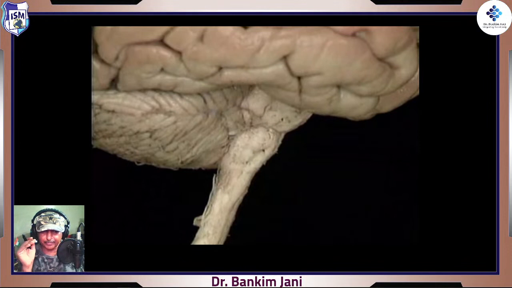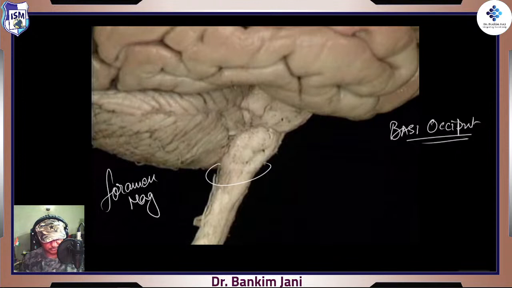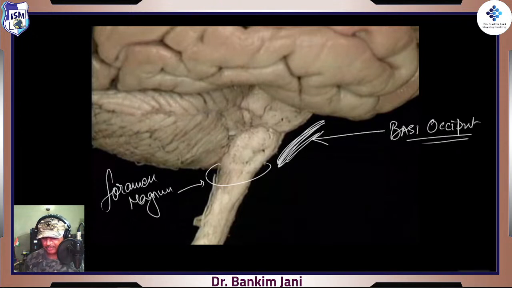Now this brainstem, where exactly is it located? Now you know the occiput so well, right? We said that the occiput is in front of the foramen magnum. Now it is very obvious that this will be passing via the foramen magnum, right? That's where it would be passing. So it has to be here, it has to be the occiput.